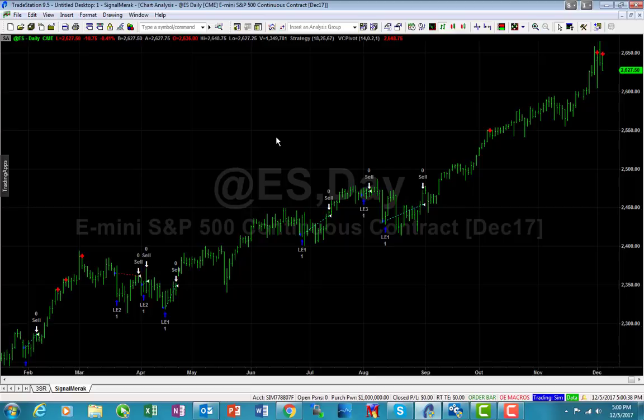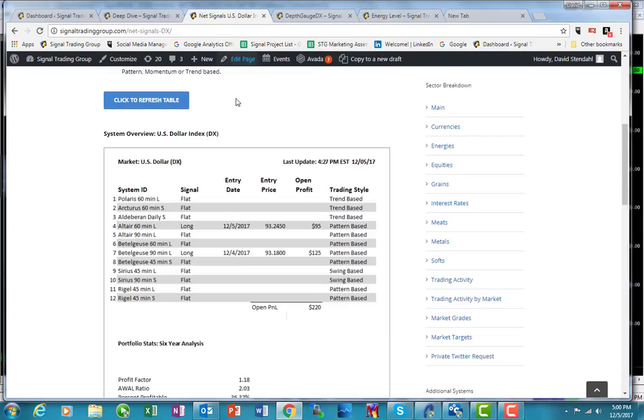So we'll go into more detail when the system actually becomes available, but I think you'll find that this particular system, along with some of the other systems that we're going to be uploading, things are really starting to kick into gear for Signal Trading Group, and we'll have some of our portfolios up there, we'll have independent systems up there, and all of these signals that I'm always quoting on our website, these systems will become available to you, so you can gain some greater insight as to what's taking place.